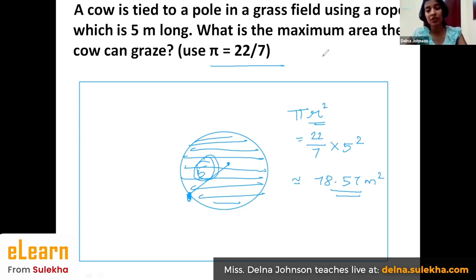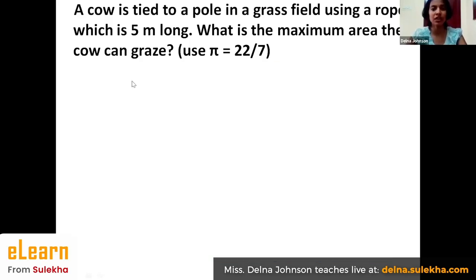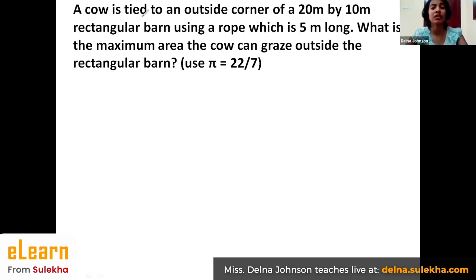Now say you're taking a little more complicated problem. Here they've given a cow tied outside the corner of a 20 meter by 10 meter rectangular barn.